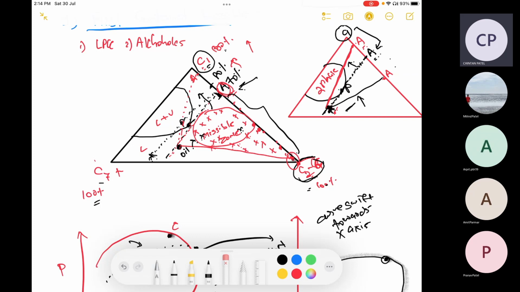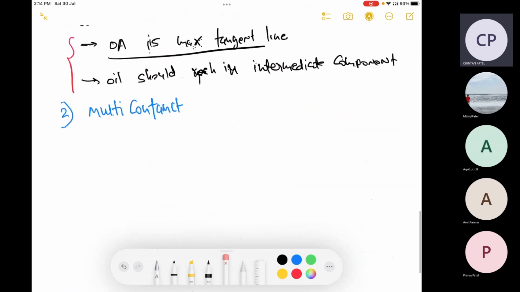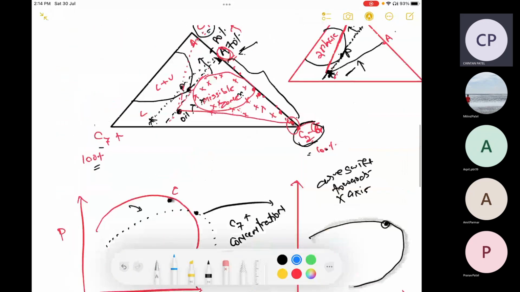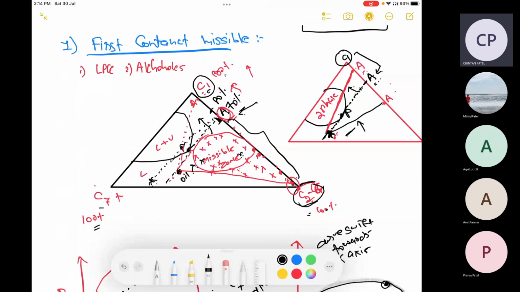Okay, so now we can move to the next topic, multi-contact miscible. Let's suppose these kinds of conditions may happen because of the composition of the crude oil and whatever solvent we are injecting.